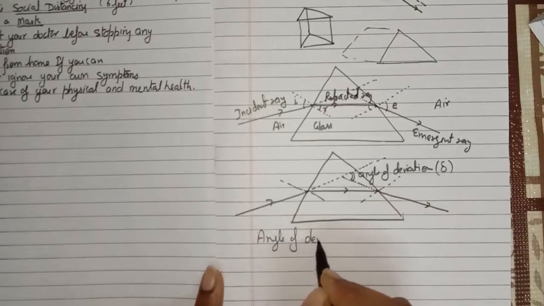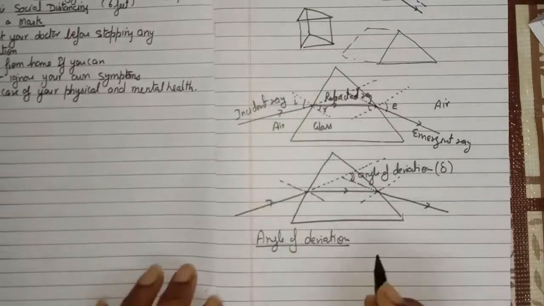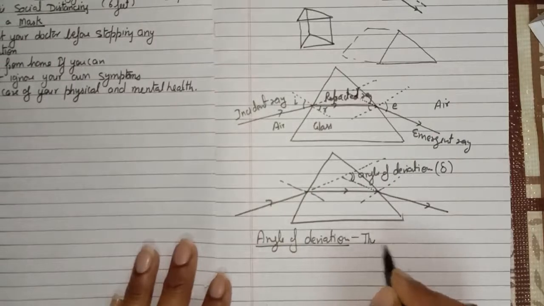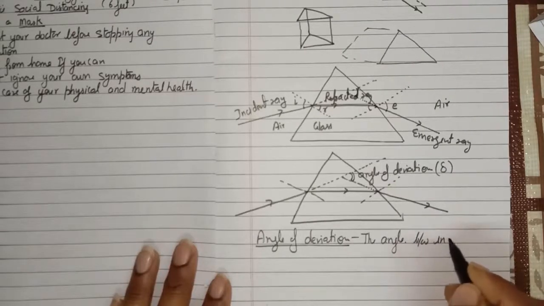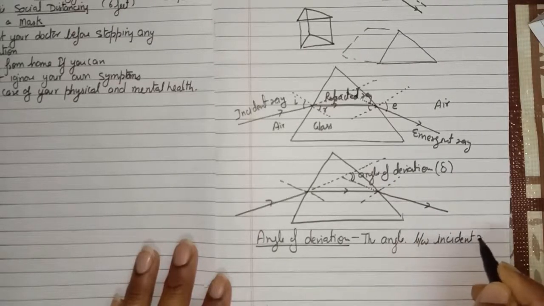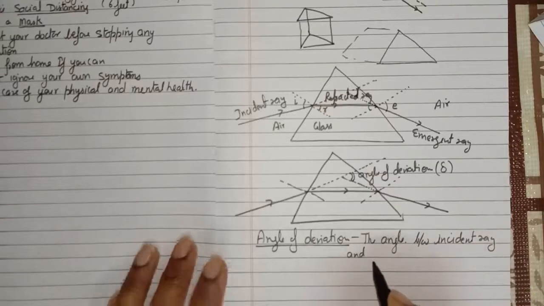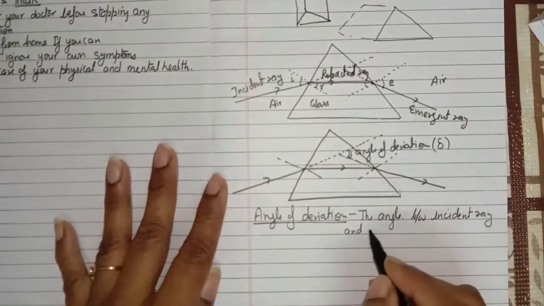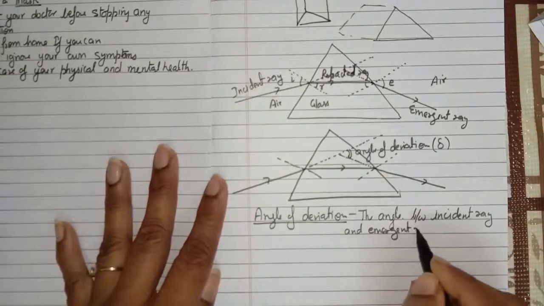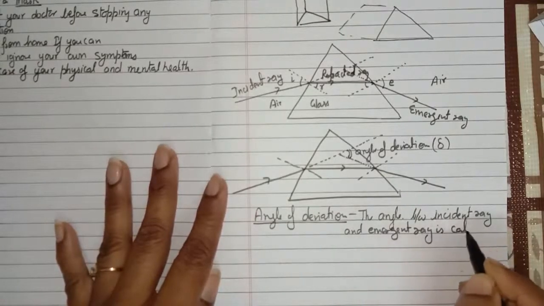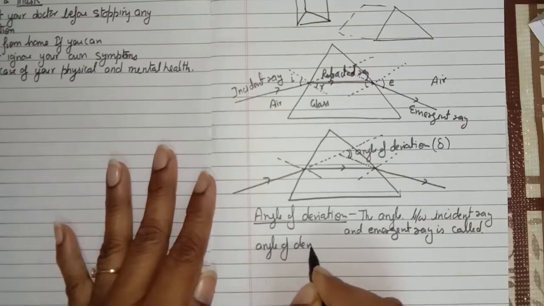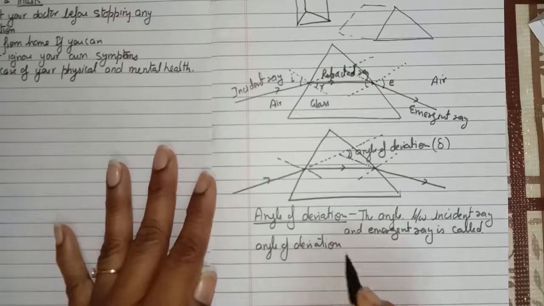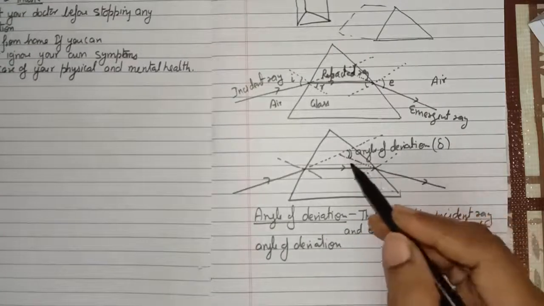Angle of deviation: the angle between the incident ray and the emergent ray is called the angle of deviation. Okay, and we represent it by using the symbol delta. This is the angle of deviation.